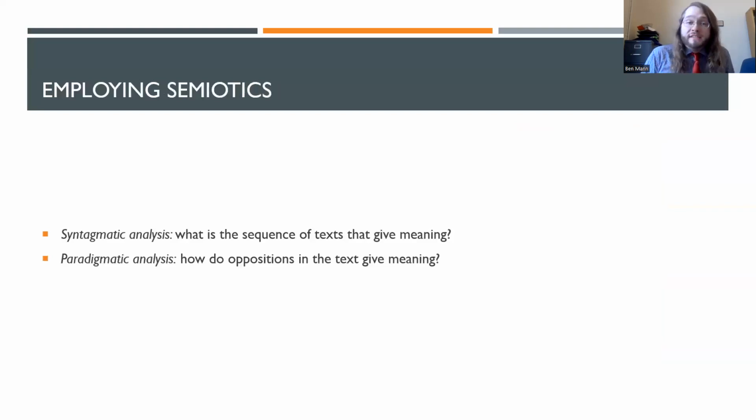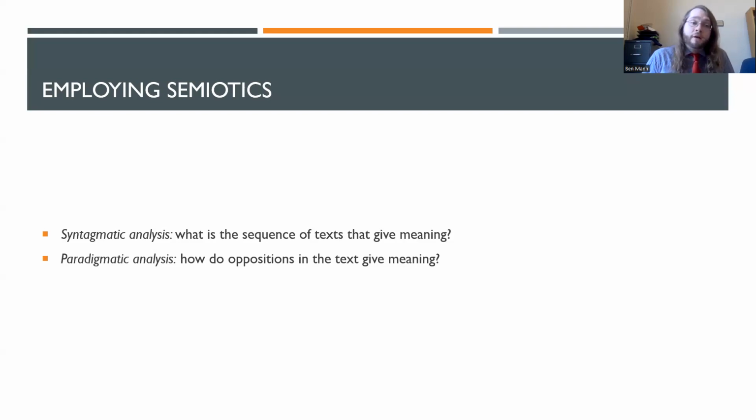In terms of employing semiotics, we can do it in a couple different ways. One is a symptomatic analysis. In other words, what is the sequence of texts that's giving something meaning? So if we're analyzing the different texts that are being used, for instance, the different types of symbols, whether they're visual or whether they're using direct language, how are they, if strung together, conveying a message?